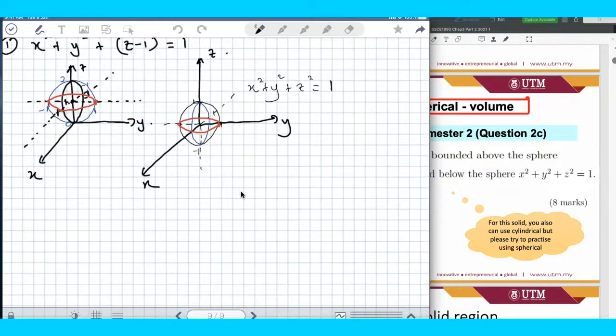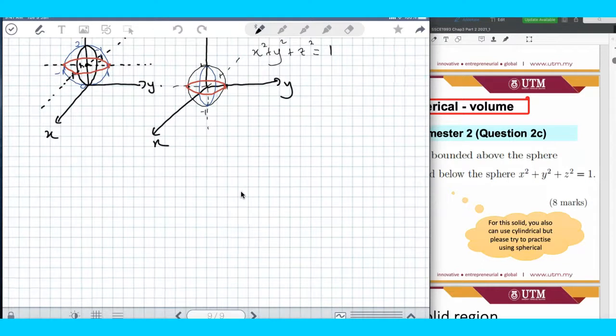So when we combine them together, you have something like this. This is at 1, and you have something like this.